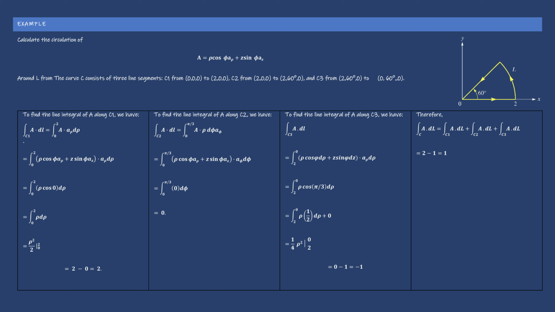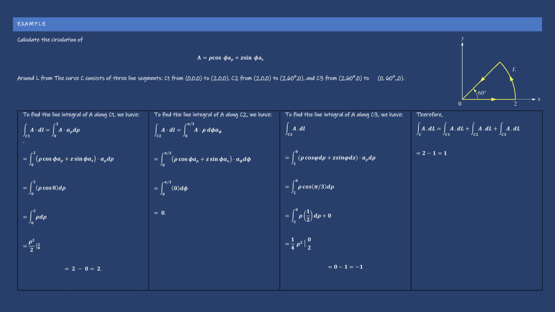To do this, we need to find the line integral of A along each segment and then add them up. We also need to choose an orientation for C, which is counterclockwise by convention. For C1, the curve is along the rho axis with phi and z equal to 0. The differential vector along C1 is a small change in rho times the unit vector a rho.